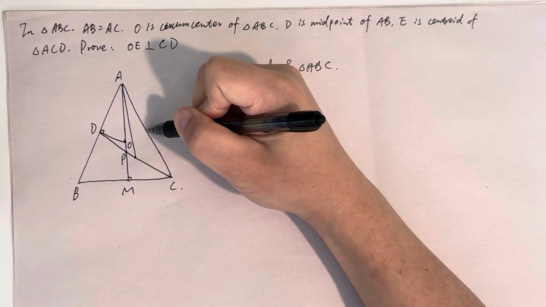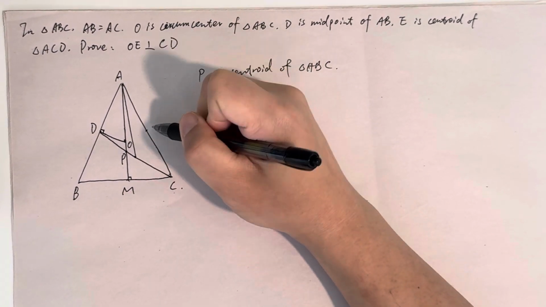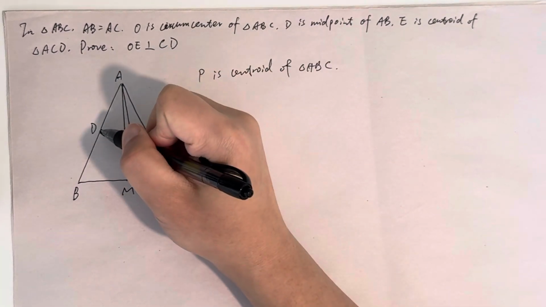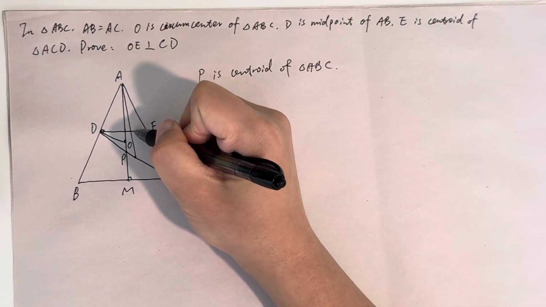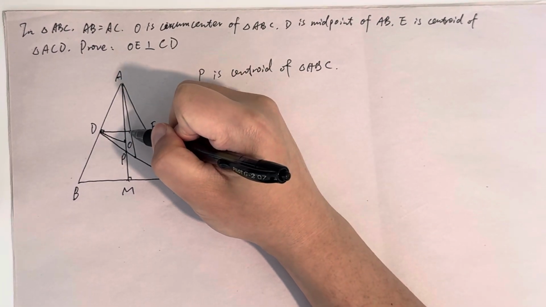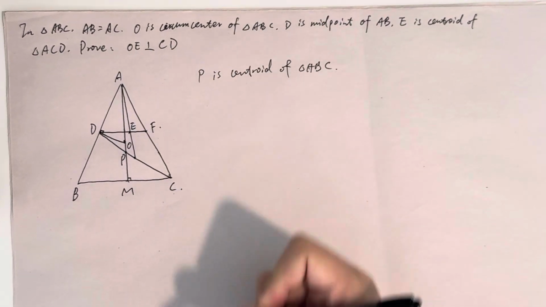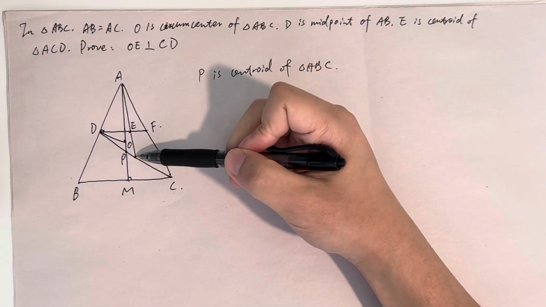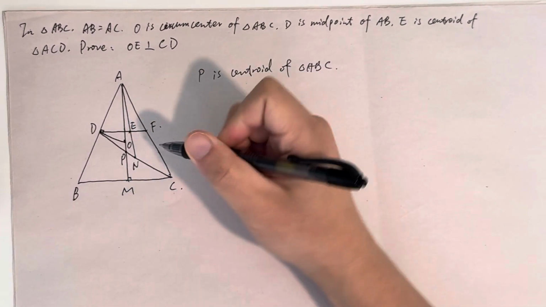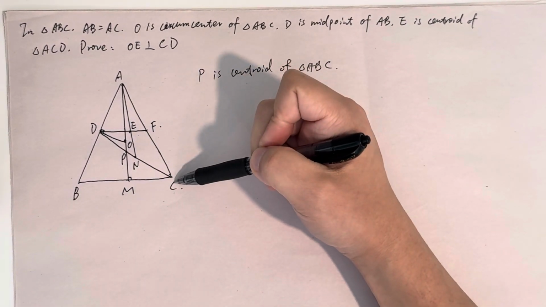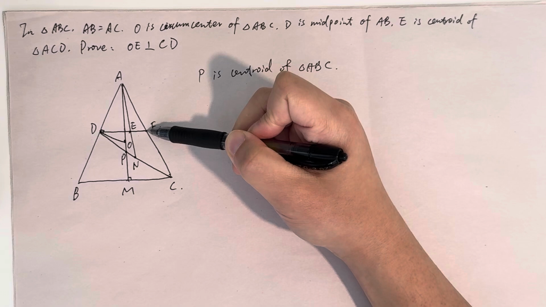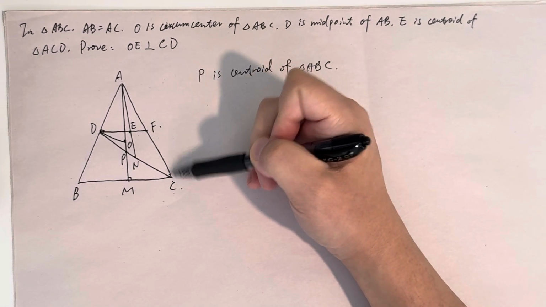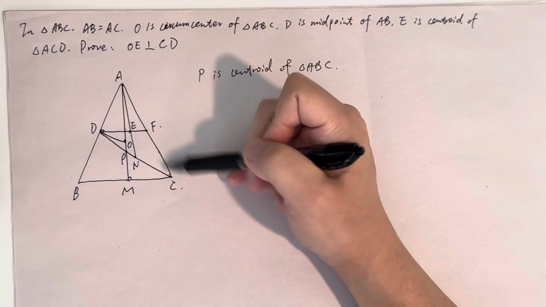We find the midpoint of AC here, let's call it F. We connect it, so this point is E, right? Now, just stop here. Let's call the midpoint of CD N. N is the midpoint of CD, F is the midpoint of AC, and AB equals AC.